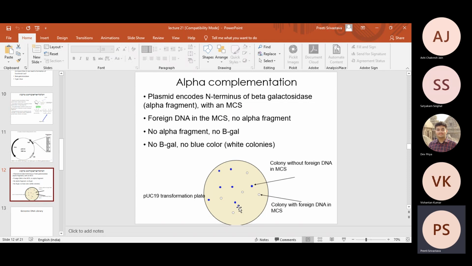So this whole method is called blue-white screening, and you will be doing this in your labs as well. Hope this is clear to everyone. Alpha complementation and blue-white screening.